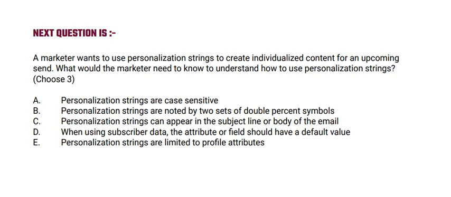Option B, personalization strings are noted by two sets of double percent symbols. Option C, personalization strings can appear in the subject line or body of the email. Option D, when using subscriber data, the attribute or field should have a default value.